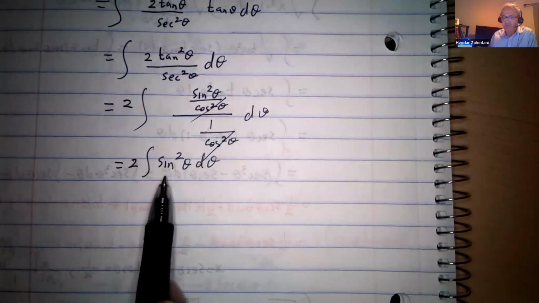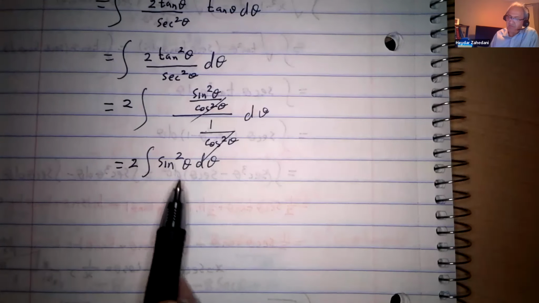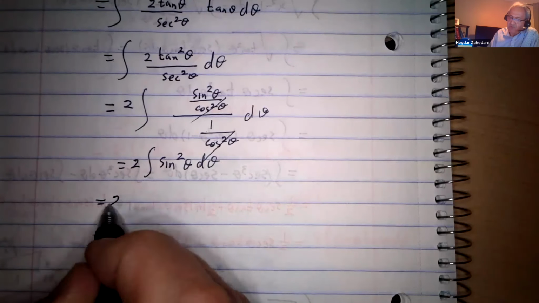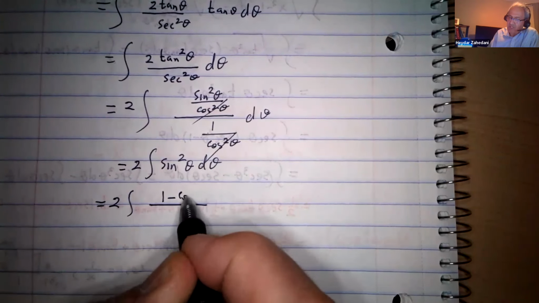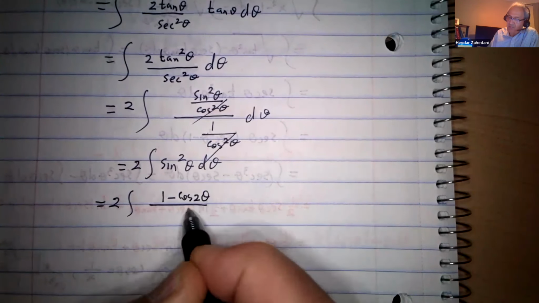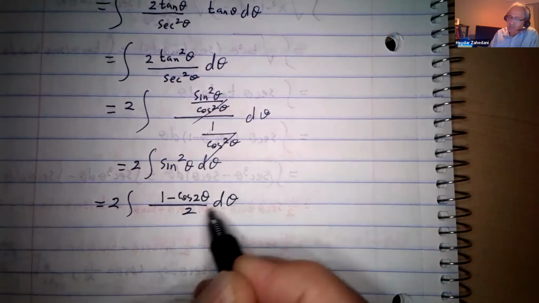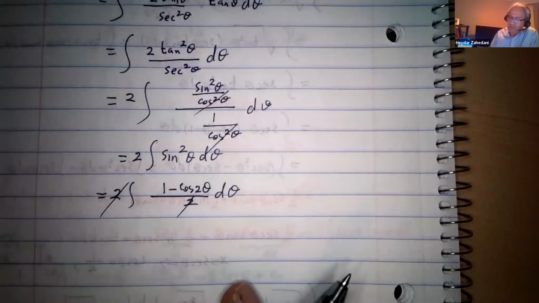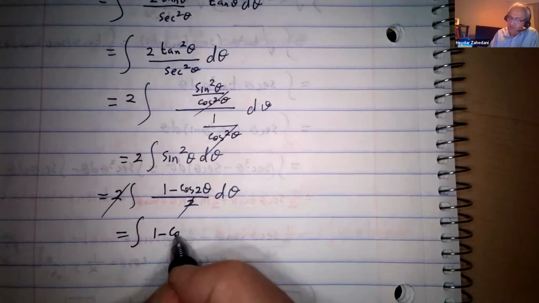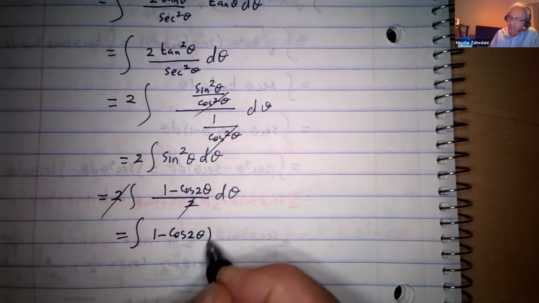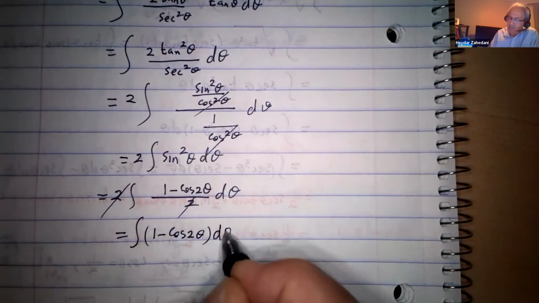You know that you have to change it to the double angle because it's an even power of the sine. So it's going to be 2 times (1 minus cosine of 2 theta) divided by 2. So the 2 and 2 cancel out. You end up with the integral of 1 minus cosine of 2 theta d theta, and you integrate it.